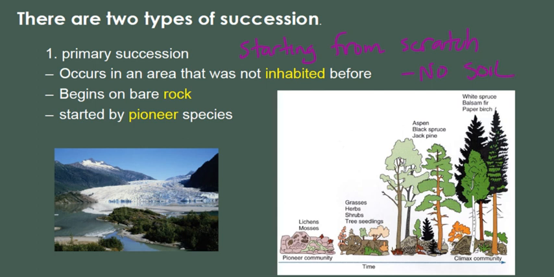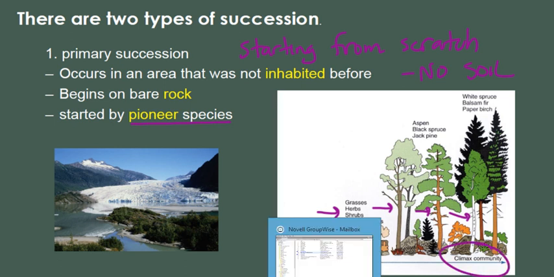It begins on bare rock. You're starting with a pioneer species, typically lichens or mosses, getting everything prepped. And then each stage preps the ground for what's to come. The goal is to end up with what's called a climax community, a very established hardwood forest.